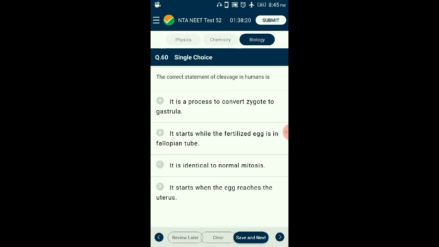The zygote with 8 to 16 cells is called morula. During cleavage, the number of chromosomes in the daughter cells is the same but the amount of cytoplasm is reduced. Hence, it is not identical to mitosis. So the answer for this question is option B. It starts while the fertilized egg is in the fallopian tube. So that is the correct statement about cleavage in human.